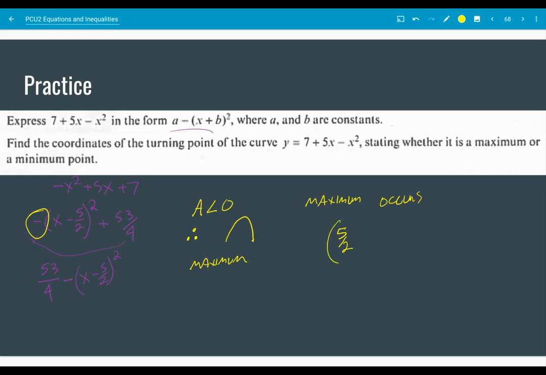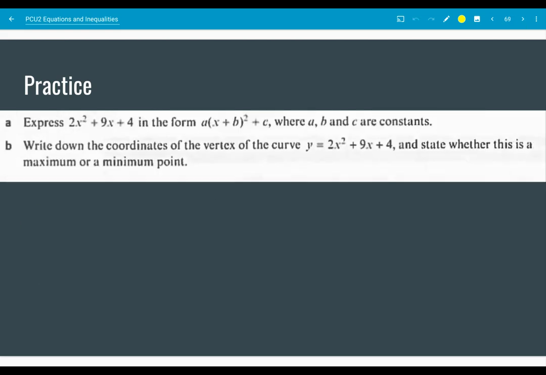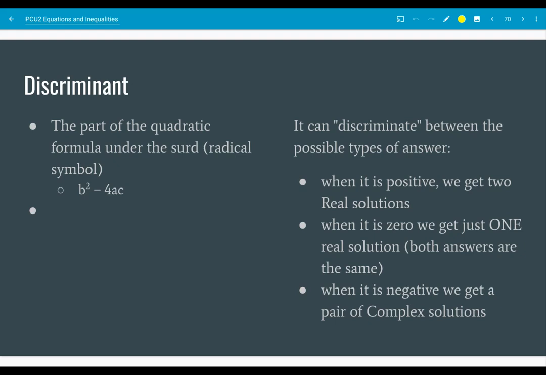Inside the parentheses is always opposite what you think. The outside is as is. So your vertex is 5 halves comma 53 fourths, and that is a maximum. So there's one for you to try on your own.